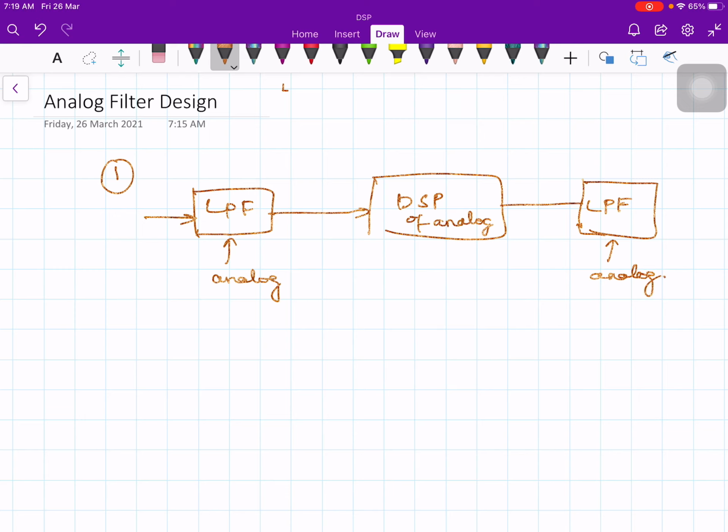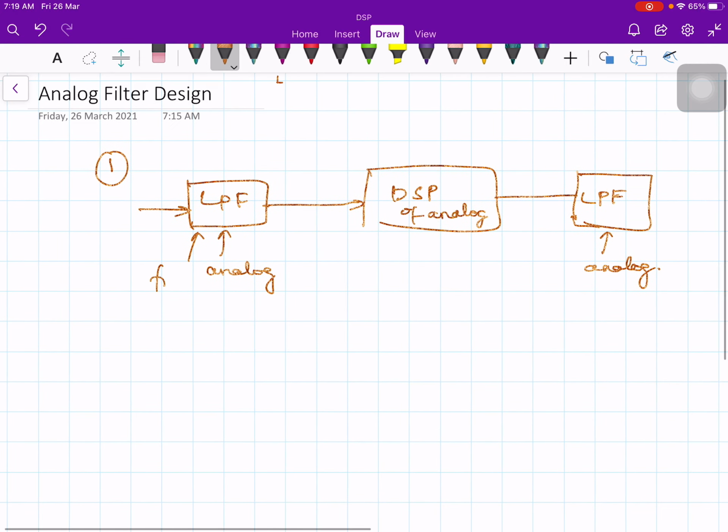filter. So at the front end, the purpose of the front end low pass filter is to constrain the bandwidth so that the requirements of the sampling theorem are satisfied.